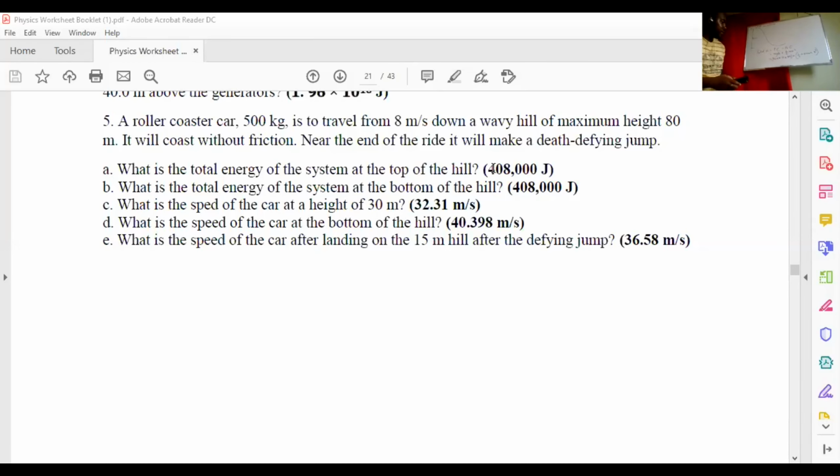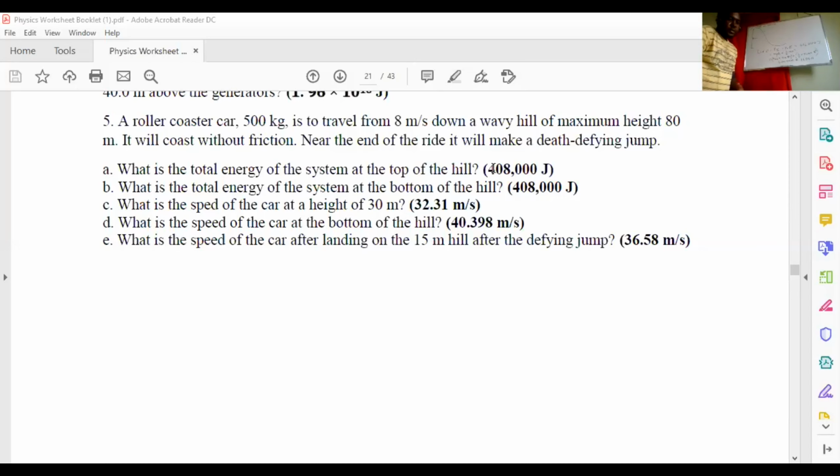When we do that, we get 400,000 plus 16,000, so your total energy is 416,000 joule. If you use 9.8 here, you will get 408,000 joule. So this is the total energy in the system.